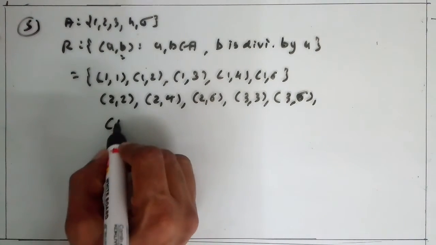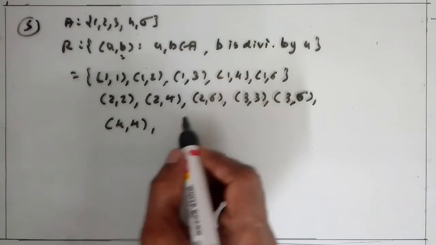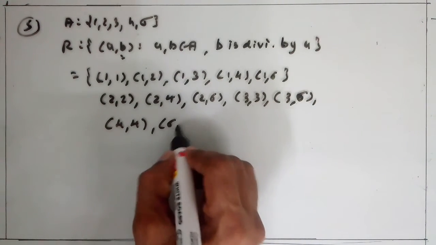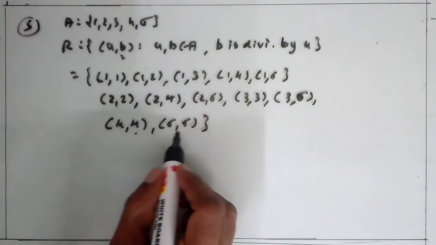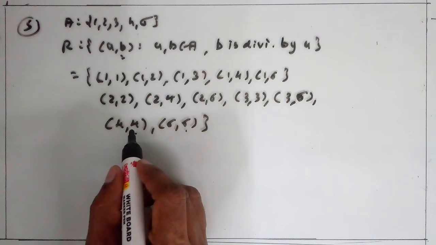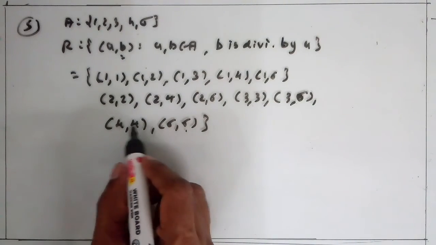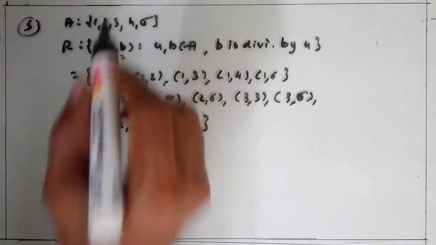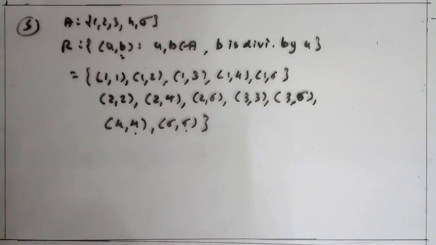Now with 4, there only (4, 4). Now with 6, only (6, 6). Because second element is a multiple of 4 and lies in this set A. If we take 8, but 8 is not an element of set A. So (4, 4). Similarly for 6. Clear?